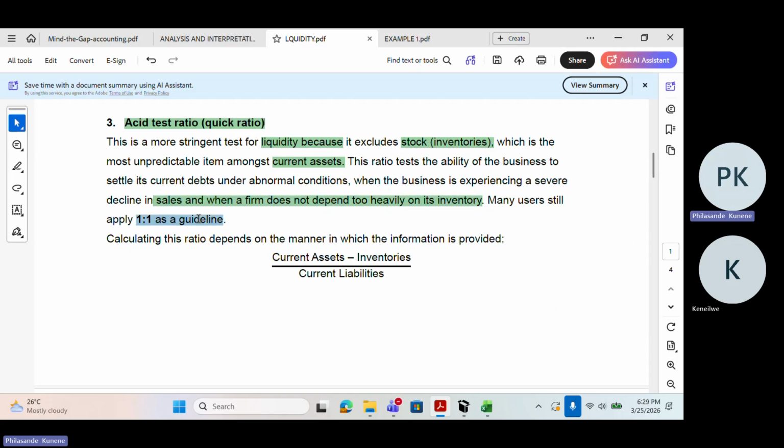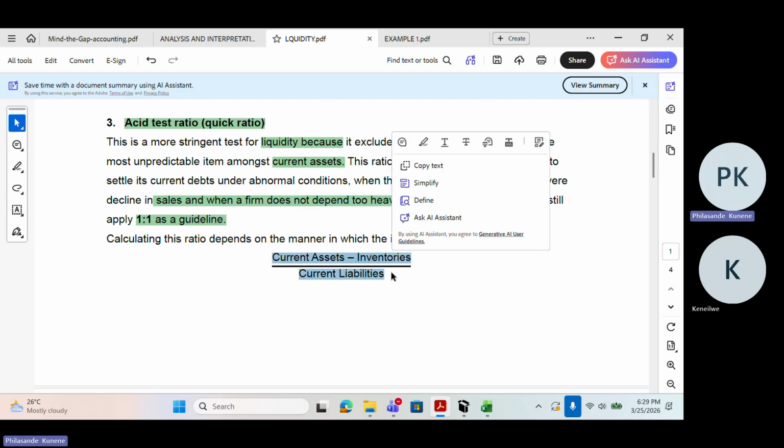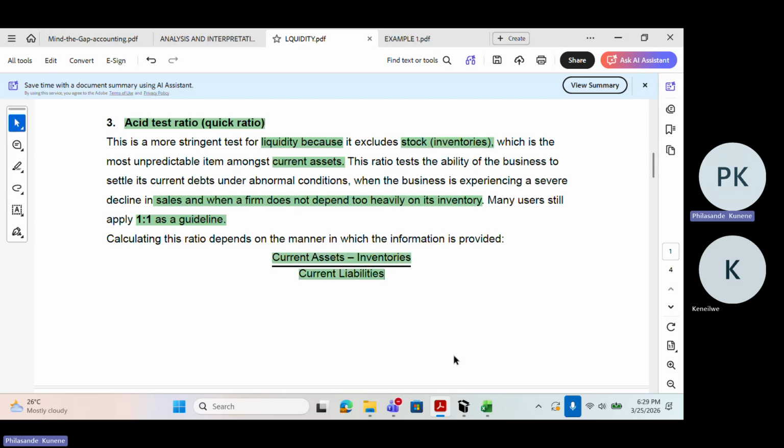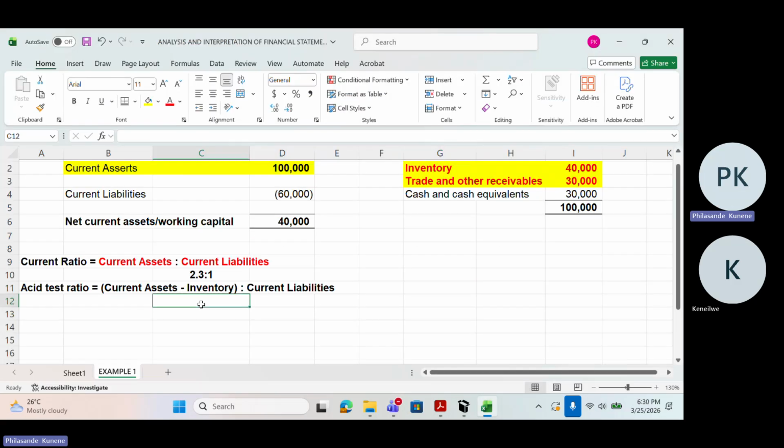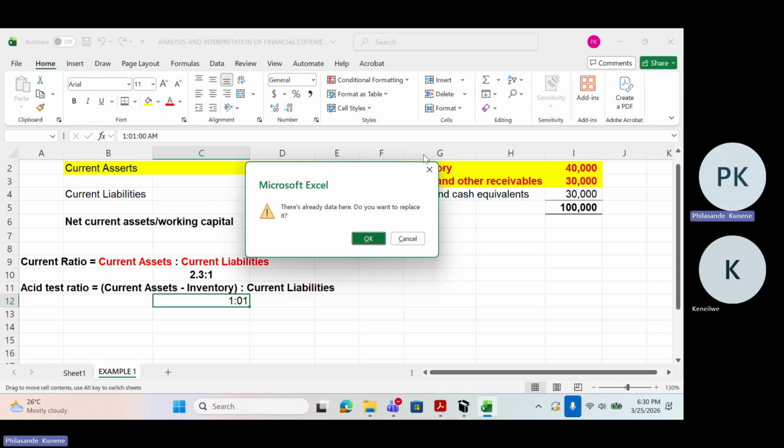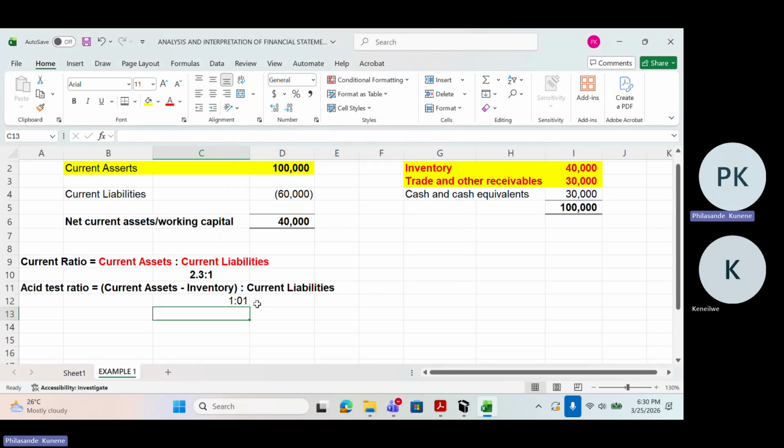Many users still apply 1:1 as a guideline. Calculating this ratio depends on the manner in which information is provided. Current assets minus inventories is to current liabilities. There's a norm here that is expected, which is 1:1. That is acceptable, because it means you can still meet your short-term obligations without relying on the inventory.